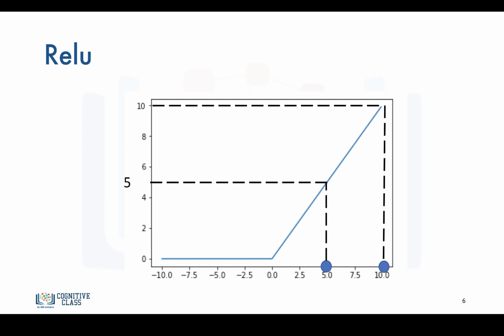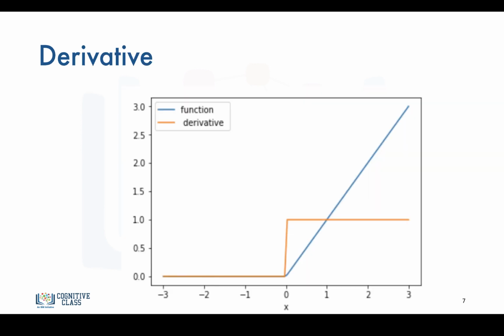It may be pretty tricky to figure out the derivative of the Relu function, but let's plot it out and we'll get a better idea. So here's the Relu function in blue, and here's its derivative in orange. Now as you can see, if we're in the region less than 0, it's 0. But if we're in the region greater than 0, the derivative is basically 1.